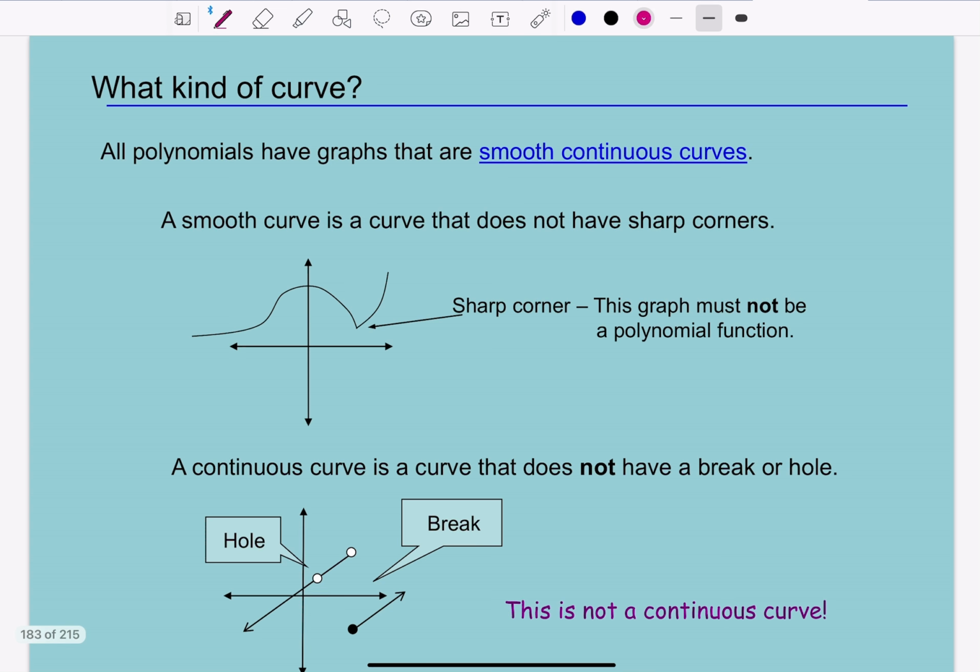What kind of curve? Polynomials have graphs that are smooth, continuous curves. That means you can draw them without picking your pencil from one point to another, and they go on forever in both directions. A smooth curve cannot have a sharp corner. A continuous curve cannot have a hole or a break in the graph. No asymptotes like rational functions.